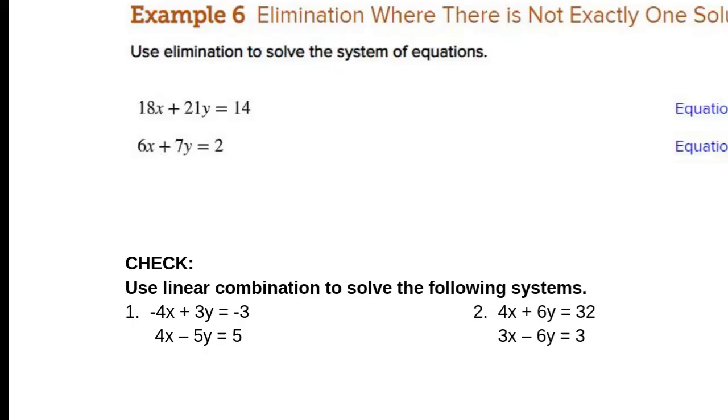Is there something I could multiply the second equation by to get rid of either the x's or the y's? Okay, 2. Which one? What am I multiplying? Well, I'd be multiplying everything by 2. 2 times 6 gives me 12. 12 and 18 are not opposites. 2 times 7 is 14, and that's not an opposite either.